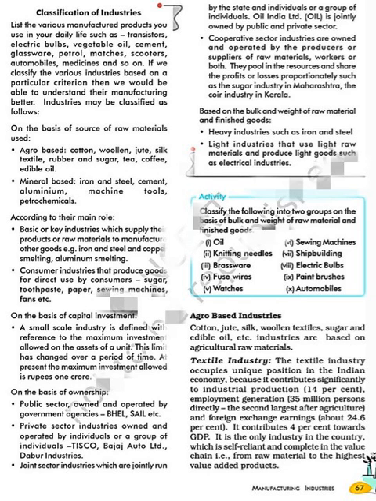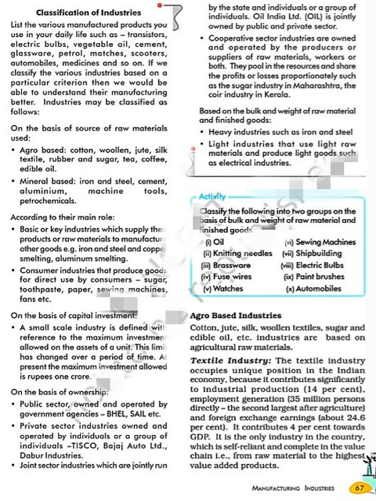The private sector means owned and operated by individuals or a group of individuals, like TISCO, Tata Iron and Steel Company, Bajaj Auto, Dabur Industries. All these are private sector industries. Then we have joint sector industries, which are jointly run by the state and individuals or a group of individuals, like Oil India. So that is a joint sector company.